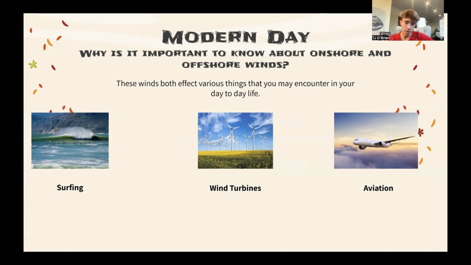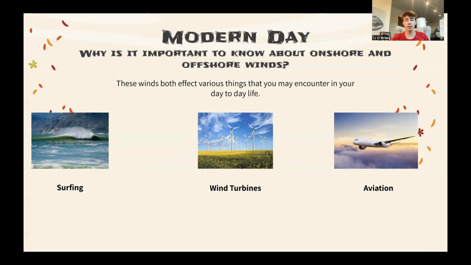Wind turbines. Wind turbines create energy for people to use, obviously, and they're set up on the land. They're also set up in the middle of the ocean. Offshore winds hit the ones that are set up in the ocean, and onshore winds hit the ones that are on the land.